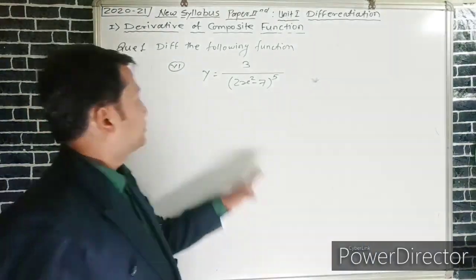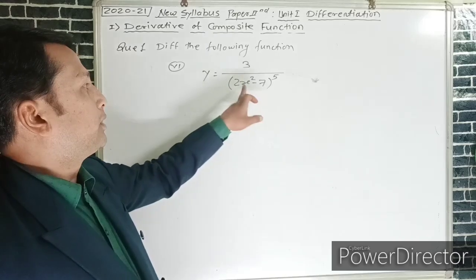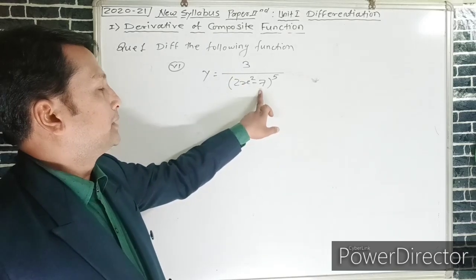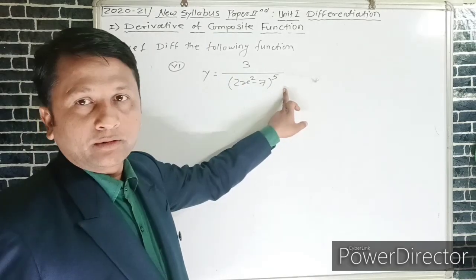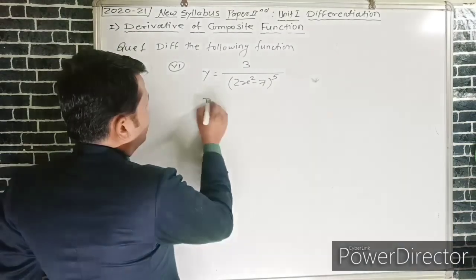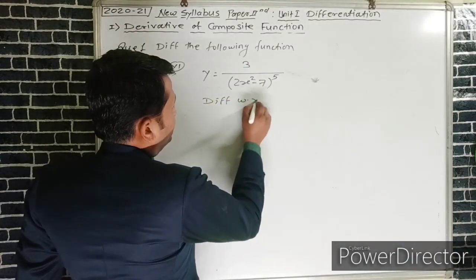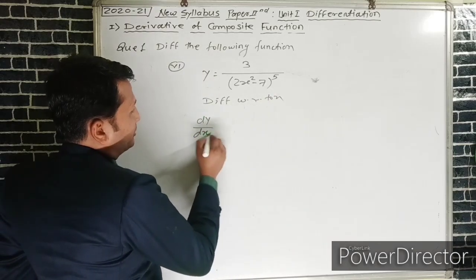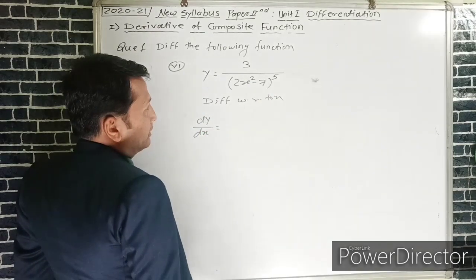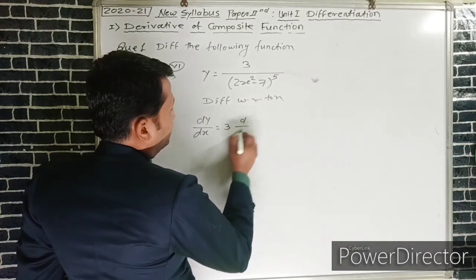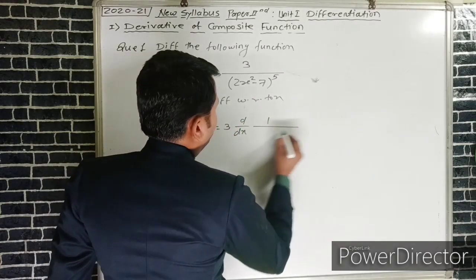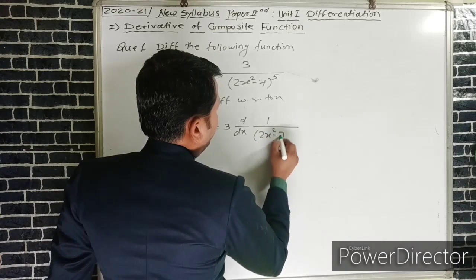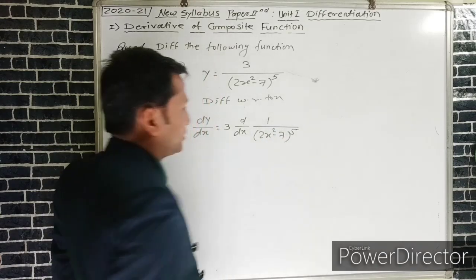Next example is y is equal to 3 upon 2x square minus 7 whole raised to the power 5. After differentiating with respect to x, we get the derivative of y, dy upon dx. 3 is constant. Again we take the derivative of 1 upon 2x square minus 7 whole raised to the power 5.